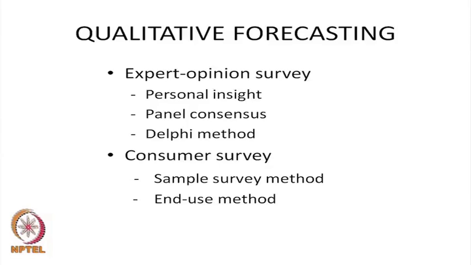We divide qualitative forecasting methods in two groups: expert opinion survey and consumer survey. Expert opinion survey can be further subdivided into three individual items: personal insights, panel consensus, and DELPHI method.